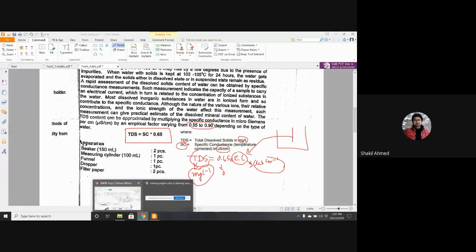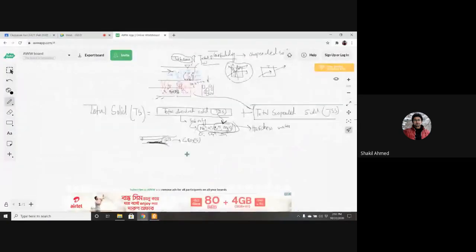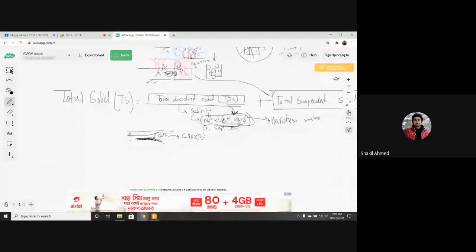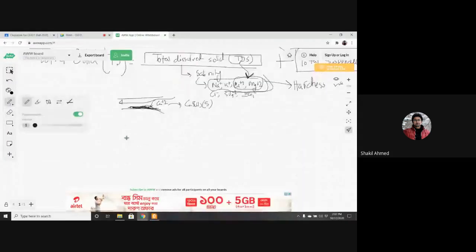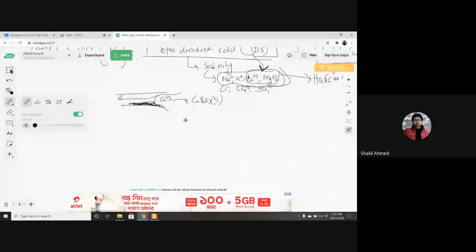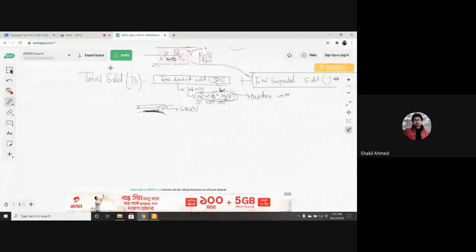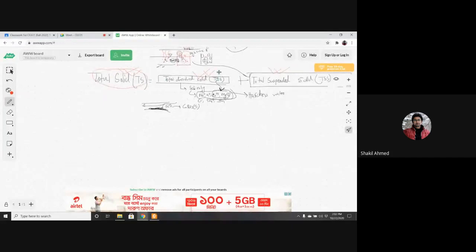Now, the second method that we will be using in the lab today is how to determine total dissolved solid, total suspended solid, and total solid. If you know these two, you can always add them up and calculate total solid. That's not a problem. The thing is, we have to determine TDS and TSS.